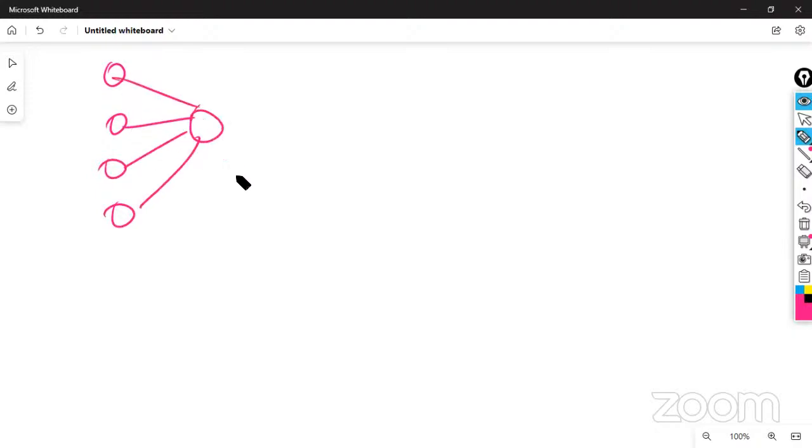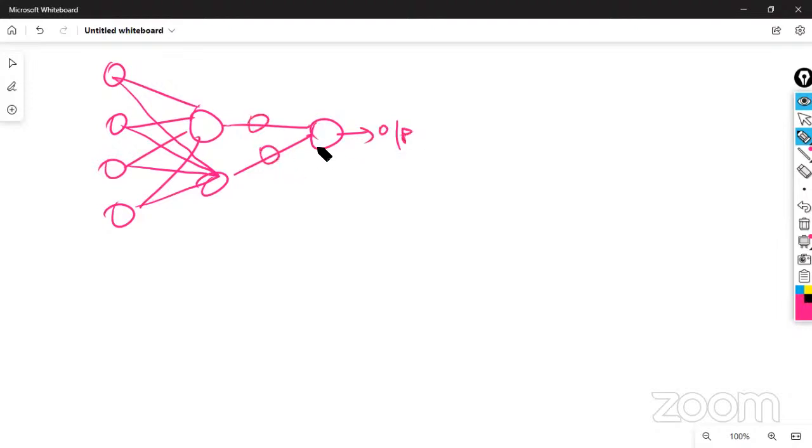This is 1 and this is 1. So this output is dependent on these values, and these values are dependent on the output of this neuron, where you will have sigma as well as an activation function.